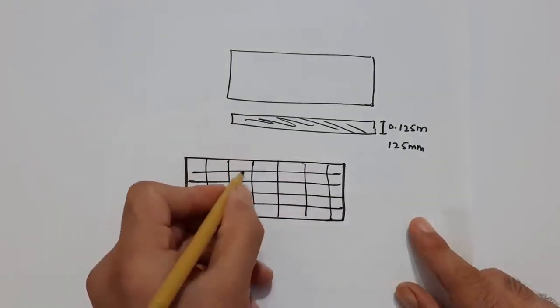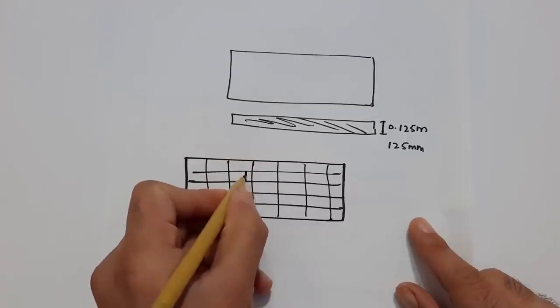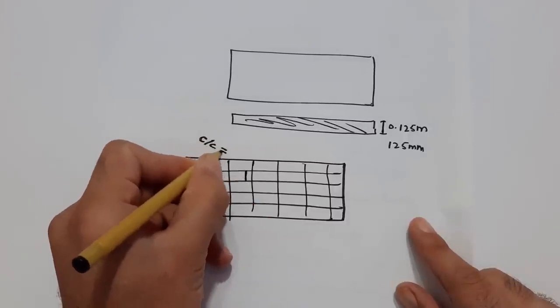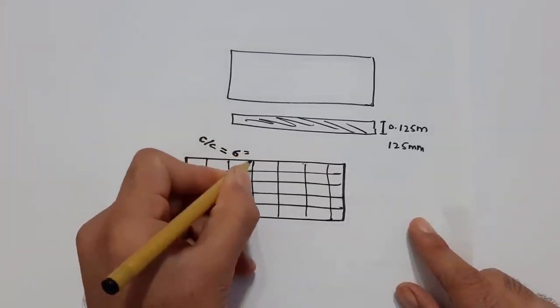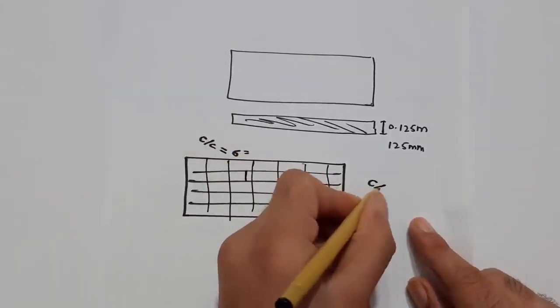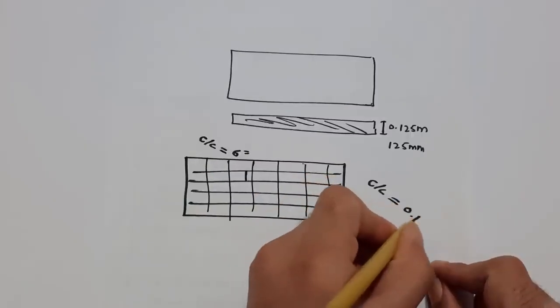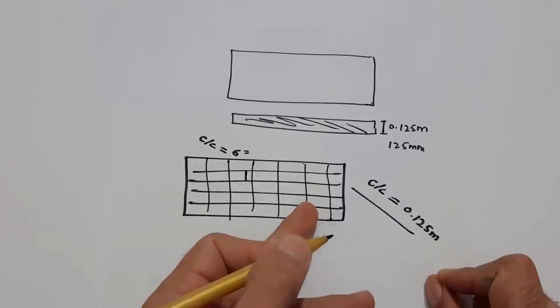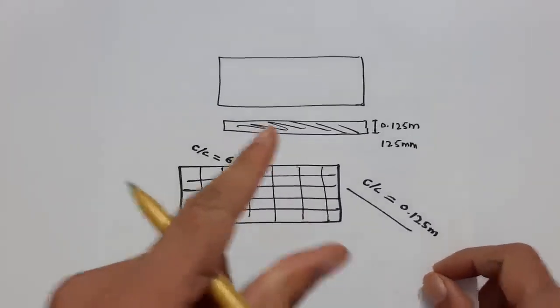The space between two steel rods we can say is C/C, for example 6 inches, or C/C equal to 0.125 meter, etc. So it means spacing between two steel rods.